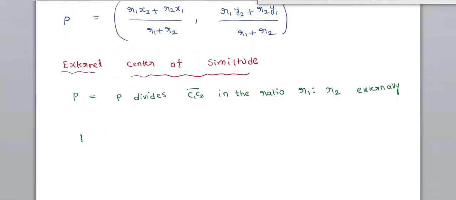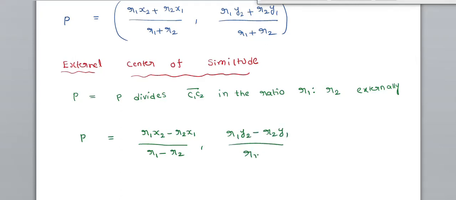So P is equal to R1 x2 minus R2 x1 by R1 minus R2, R1 y2 minus R2 y1 by R1 minus R2. Okay, write down the first problem.